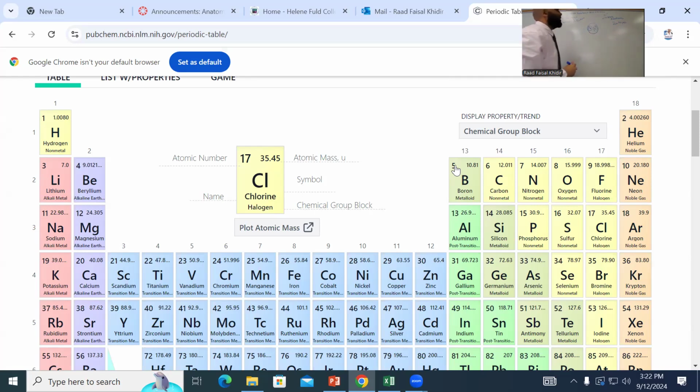Isotopes are different variations of the same atom. So I have hydrogen, and beside hydrogen, I have also deuterium, and beside deuterium, I have tritium.